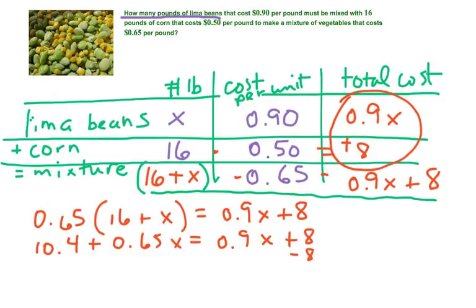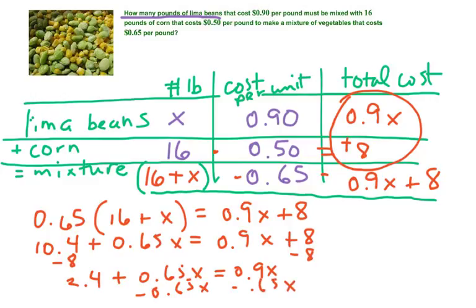I'm going to subtract 8 first, and I get 2.4 plus 0.65x equals 0.9x. Sorry about that. I'm going to subtract the 0.65x from both sides, and I'll move up here.